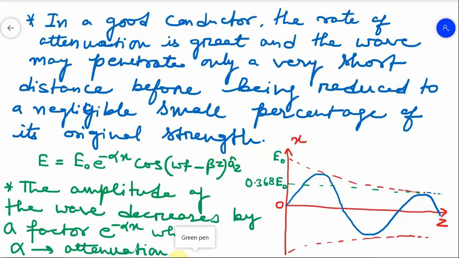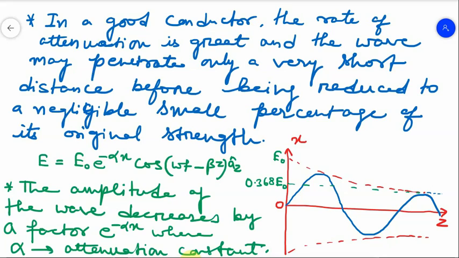Attenuation constant. So if you observe this graph, you can observe that it is varying like e to the power minus alpha x, because if you see the graph of e to the power x, then you will get the idea that the amplitude is decreasing by the factor e to the power minus alpha x, and alpha is the attenuation constant.